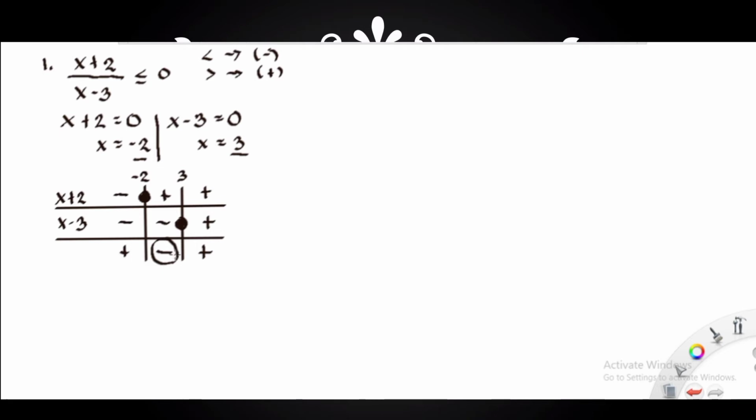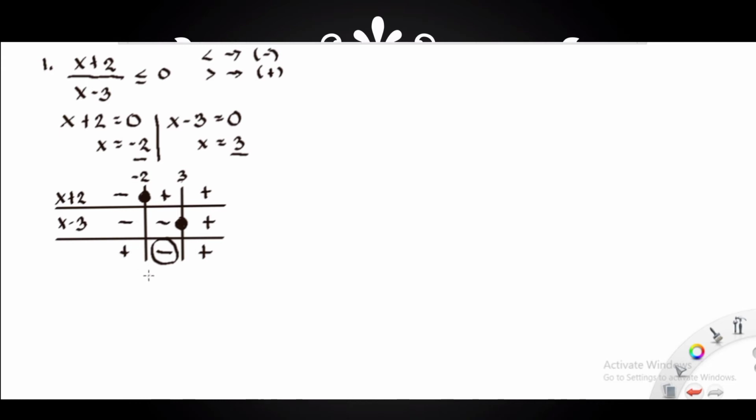Ngayon, ano-ano ang mga numbers na nasa region na ito kung nasaan naroroon ang negative sign? Or, ang region na ito ay mga numbers na nasa pagitan ng negative 2 at 3. So, isulat natin ang interval ng mga numbers na yon. Ibig sabihin, from negative 2 hanggang 3. And since sa baba ng negative 2, shaded ang 0 natin, it means that kasama ang negative 2 sa solutions.